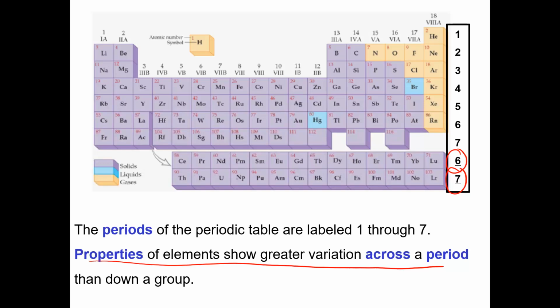Now, something to be mindful of is that the periods are not always labeled on every periodic table. The groups always are. And if you do label them, make sure you label them on the right-hand side, 1 through 7, then 6 and 7 again for the inner transition elements. I suggest labeling on the right-hand side because people put hydrogen in the weirdest of places.